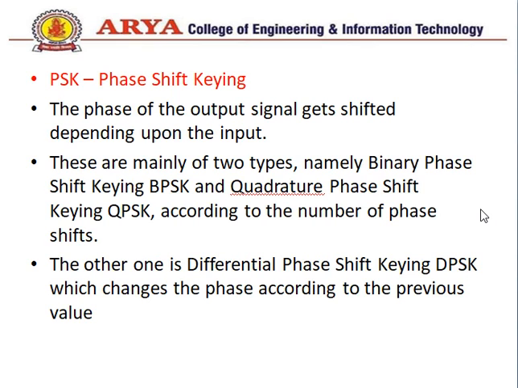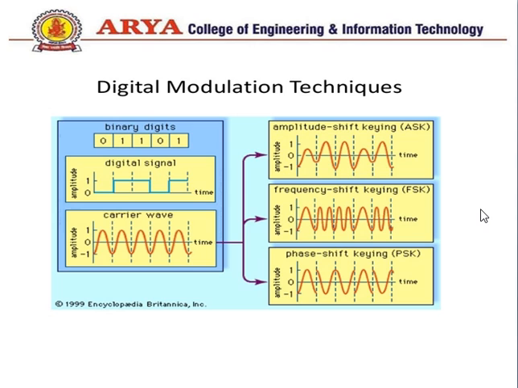There are mainly two types, namely binary phase shift key BPSK and quadrature phase shift key QPSK, according to the number of phase shifts. The other one is differential phase shift key DPSK, which changes the phase according to the previous value. Right, so here the phase of the carrier wave is changed.